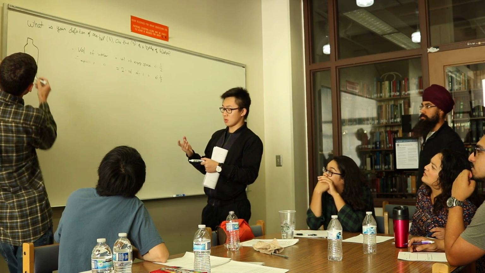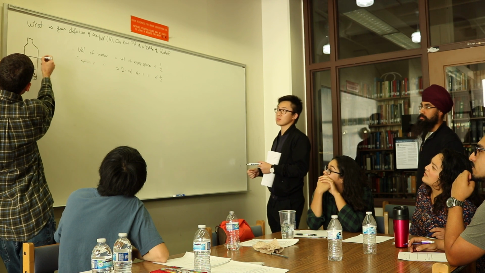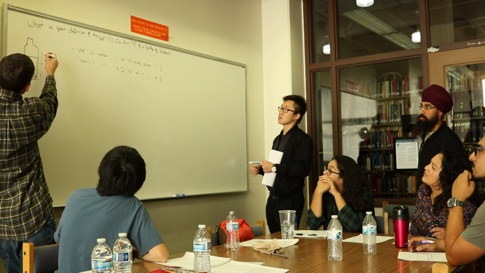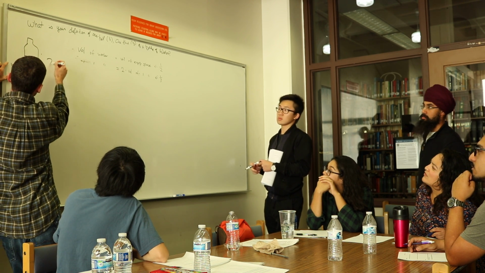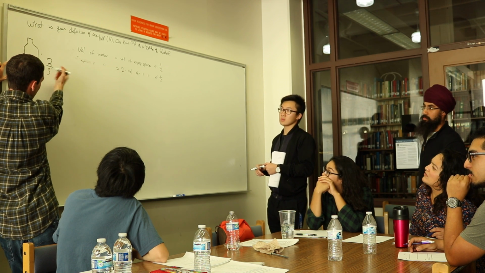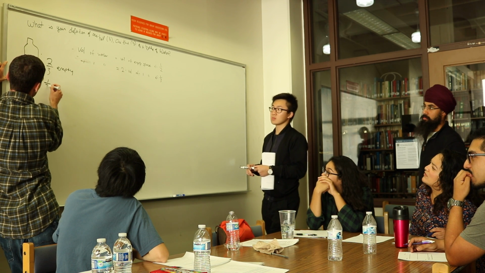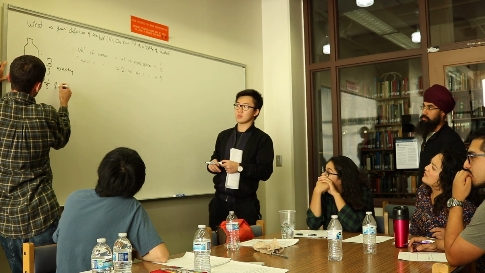So if you have a third of water in your bottle, there's 2 times as much empty space, so there's 2/3 of empty space. So two out of three of the slots are empty and one out of three of the slots is filled? Yeah.